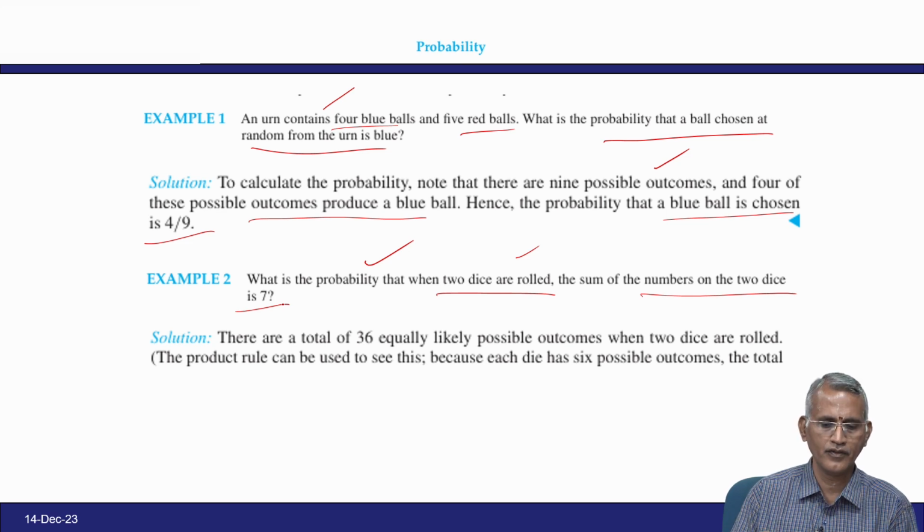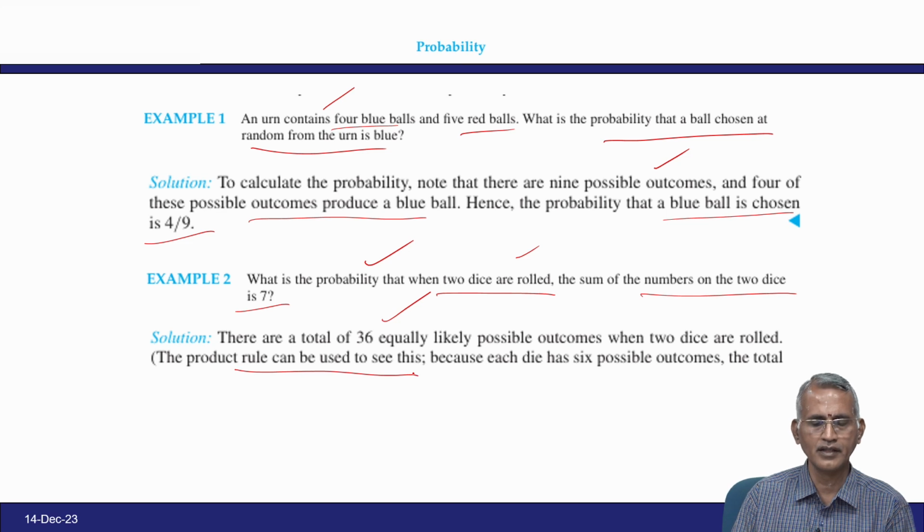There are a total of 36 equally likely possible outcomes, because 2 dice are rolled. Each die has 6 possible outcomes.